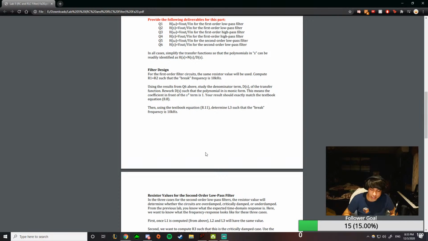Yeah, okay. I already did the first step earlier, but I guess I should rewrite it in a neater form. Okay, so the equation I'm using is that the breakout frequency is equivalent to 1 over 2 pi RC.